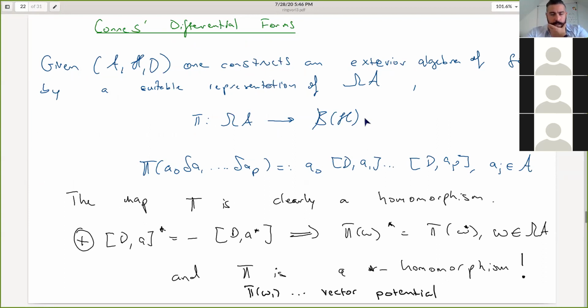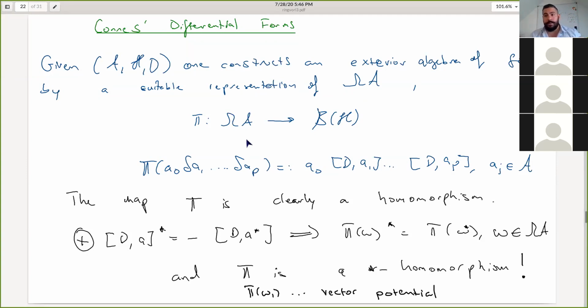Further into this, given this spectral triple, one constructs an exterior algebra of forms by a suitable representation of omega A. Remember we had the algebra and the Hilbert space, and a representation that took us from the algebra to the Hilbert space.